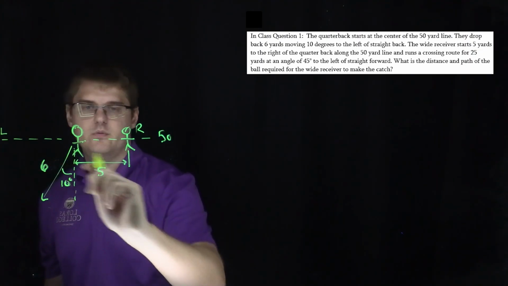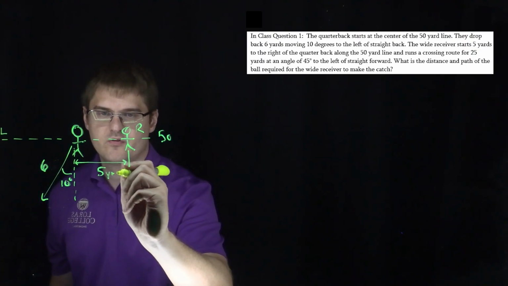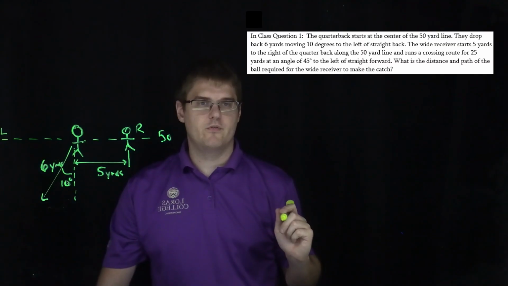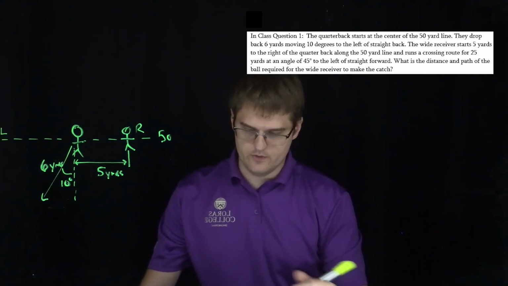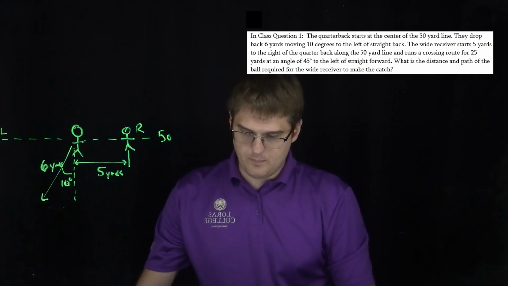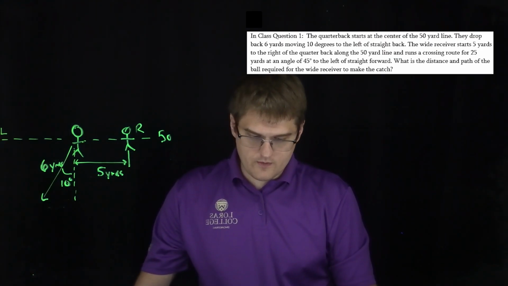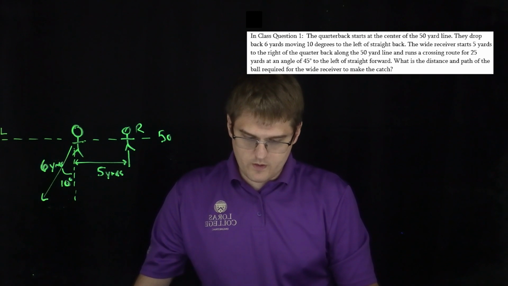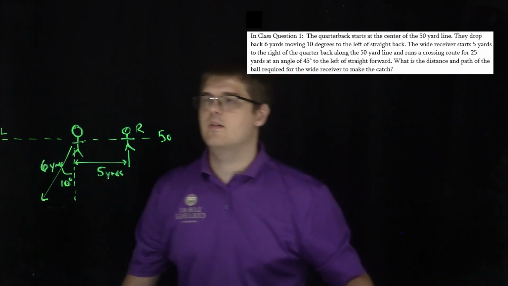I apologize. We're talking football. You'll be thankful that I prefer meters so heavily when we get later in the class. So you're 5 yards to the right of the quarterback, and they're going to run 25 yards at an angle of 45 degrees to the left of straight forward.